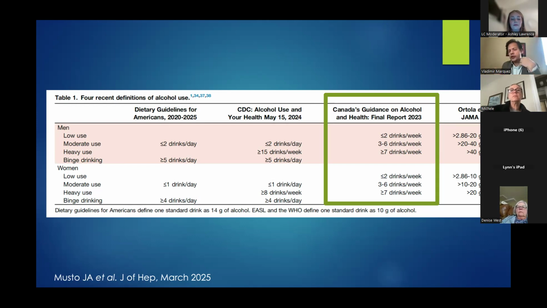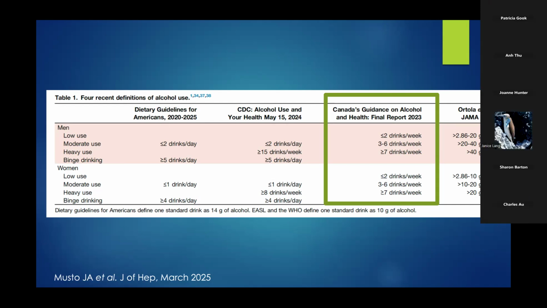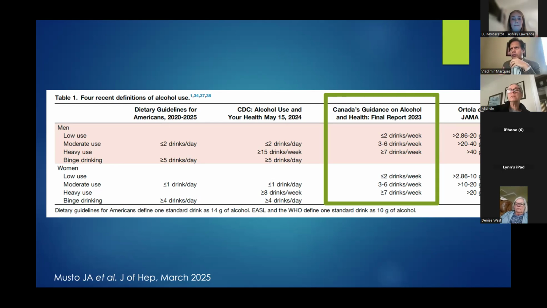People had a misinterpretation of exactly what the message was, and also just keep in mind that this guideline for alcohol focused mainly on the risk of alcohol on non-liver related outcomes.